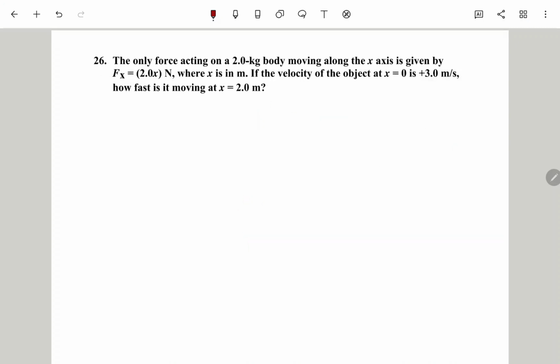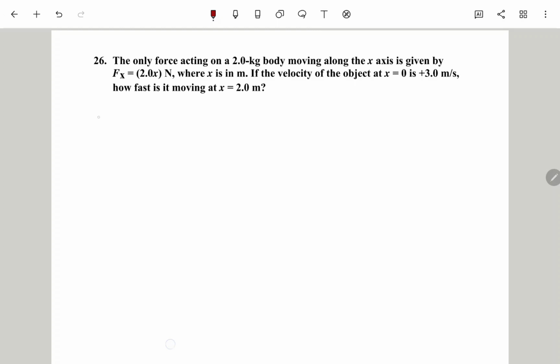The only force acting on a 2 kilogram body moving along the x-axis is given by Fx equal to 2x newtons. Now where x is in meters, if the velocity of the object at x equal to 0 is 3 meters per second, how fast is it moving at x equal to 2 meters?